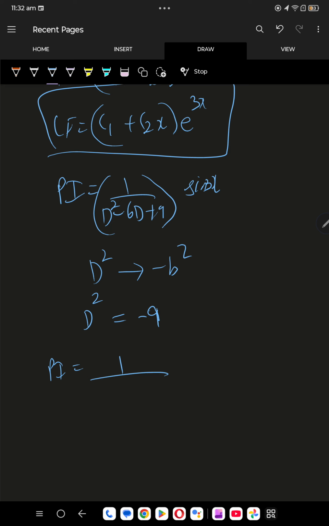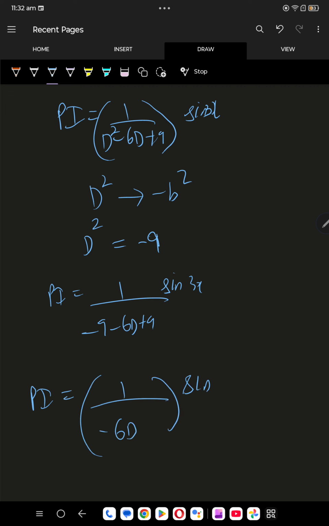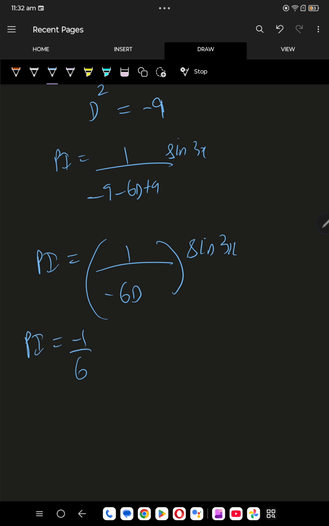So 1 by minus 9 minus 6d plus 9 sine 3x. That is going to give me PI equals 1 by minus 6d sine 3x. Now this is nothing but PI equals minus 1 by 6 times 1 by d of sine 3x.